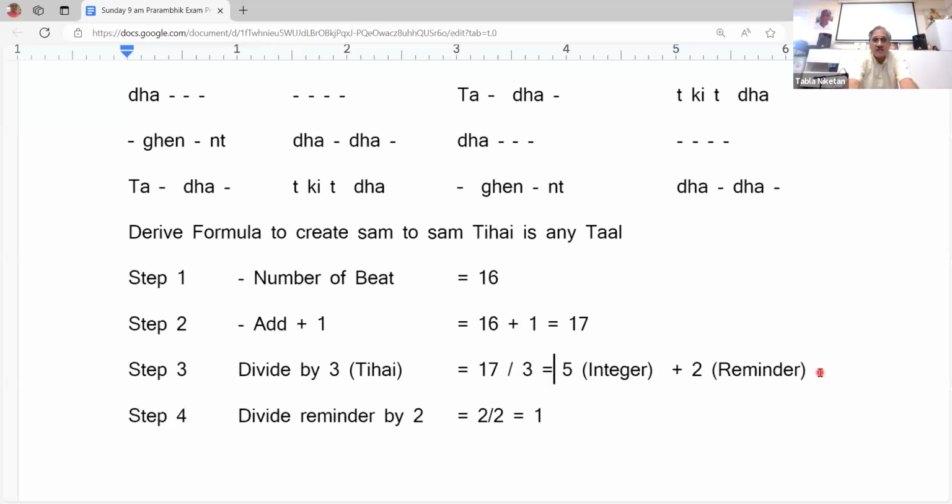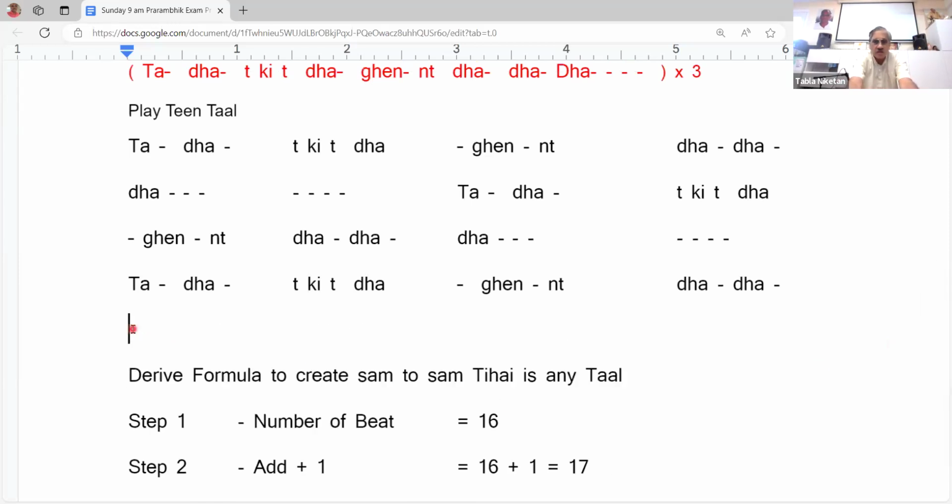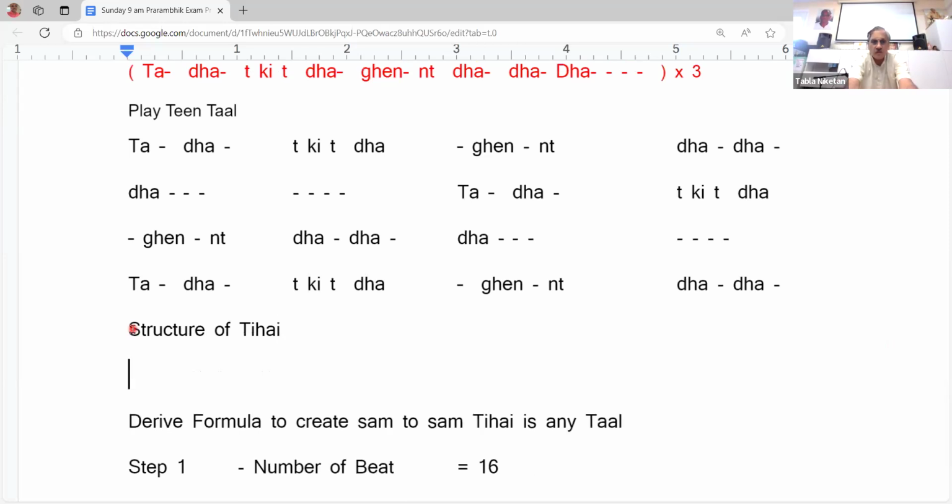Now before that, let's go back to the structure of any thi, not sum to sum. You have a phrase plus dha plus pause.